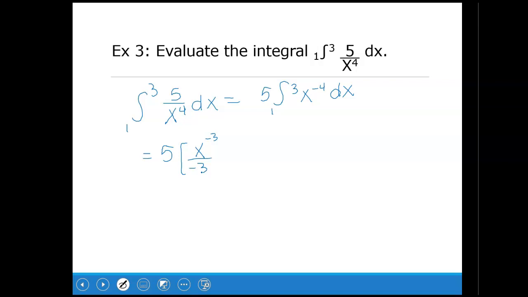Divide by negative 3 and evaluate from 1 to 3. So I get 5 over negative 3x cubed, evaluated from 1 to 3. So the net change is 5 over negative 81 minus a minus, so a positive 5 over 3.